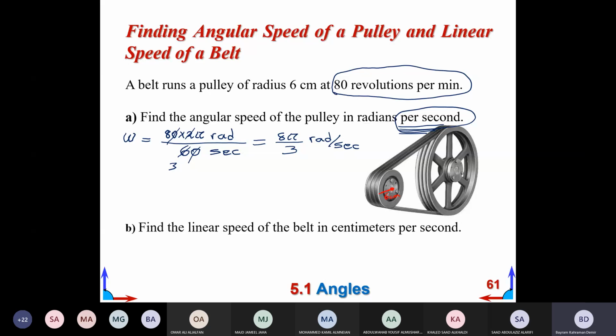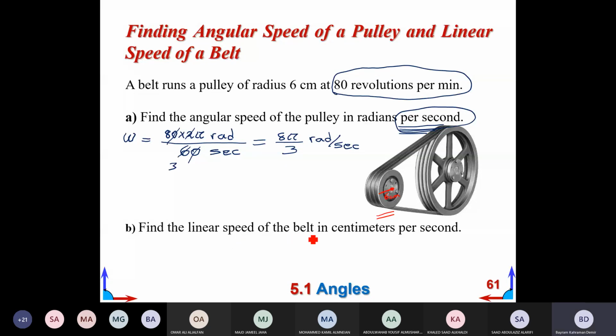What do you think? Is a larger pulley going to rotate faster or slower? The larger is going to rotate slower, right, Shabab? Now, the angular speed of the smaller pulley is 8 pi over 3 radian per second.